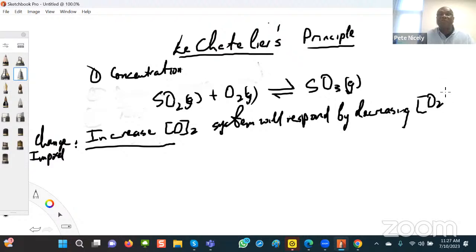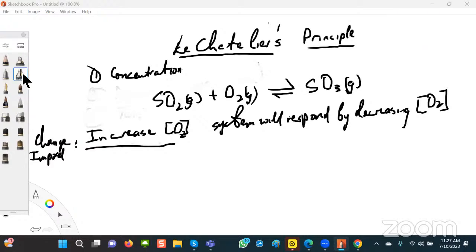And this should be O2 here. Let me erase this. So the question now becomes, how will the system decrease the concentration of O2 in response to increasing the concentration of O2? What's going on here?